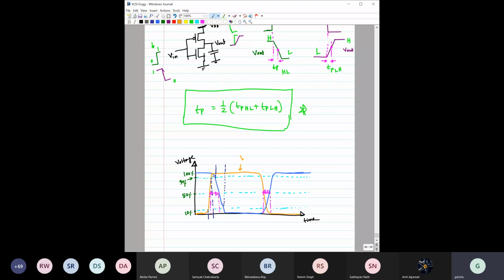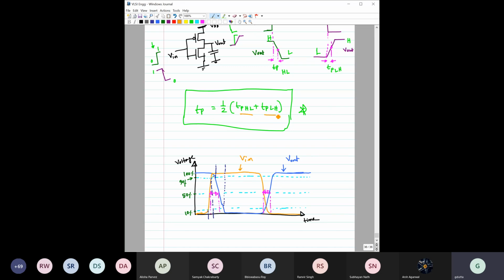This orange color is the input, and as a result, what we are getting is the blue color at this output. When this is 0, this is 1. When this is 1, this output is 0, right? And when it is doing the transition, the output takes some time to follow the change in the input, right?